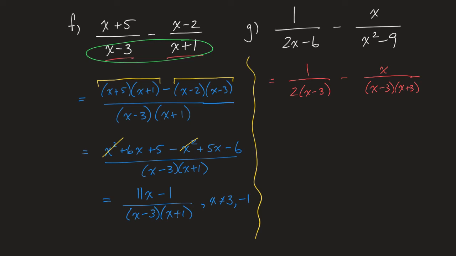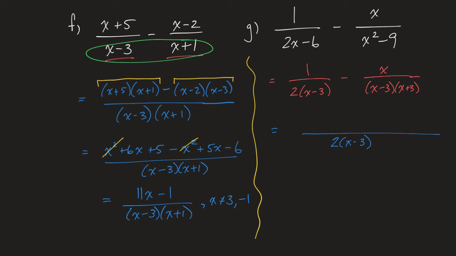Now we might be able to see, oh shoot, there was a common factor in there that maybe we didn't see. Notice your x minus 3's. That's a factor that's in both. So what I'm going to do is I'm going to now build my lowest common denominator. Okay, I need all parts of the first denominator. So I need both the 2 and the x minus 3.